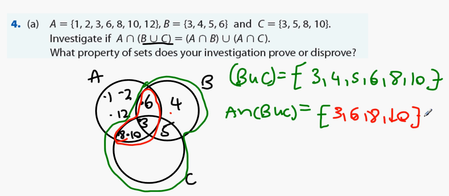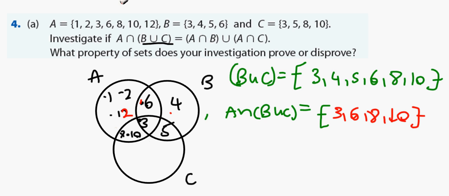Okay, next one. A intersection B. Now look at the way the signs move.